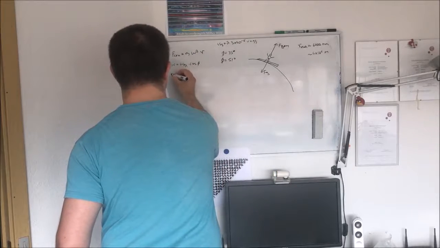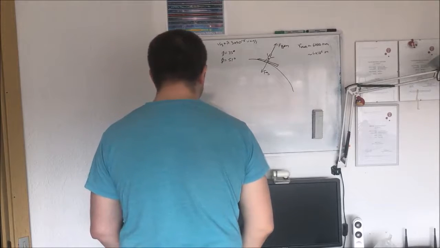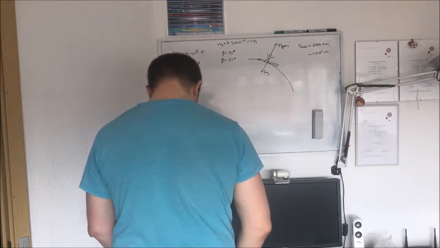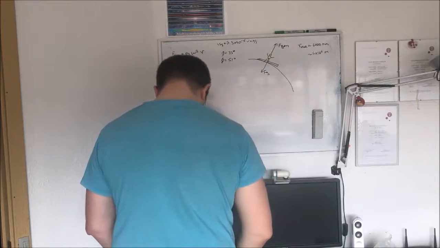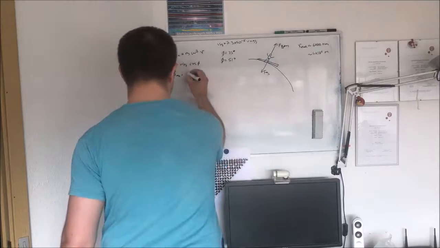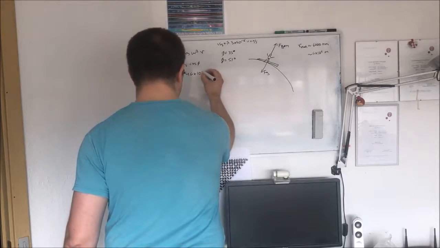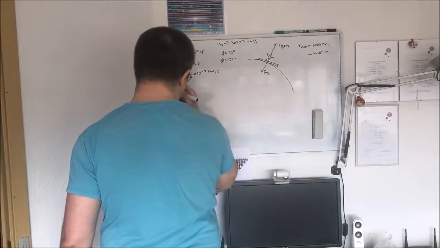Omega me is 7.3 times 10 to the minus 5 times cosine of 51 degrees. That is, let's just say, 4.6 times 10 to the minus 5 radians per second.